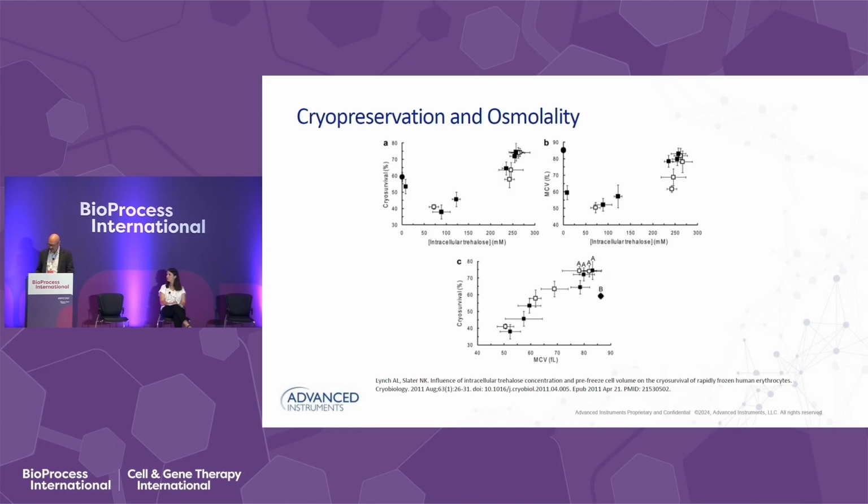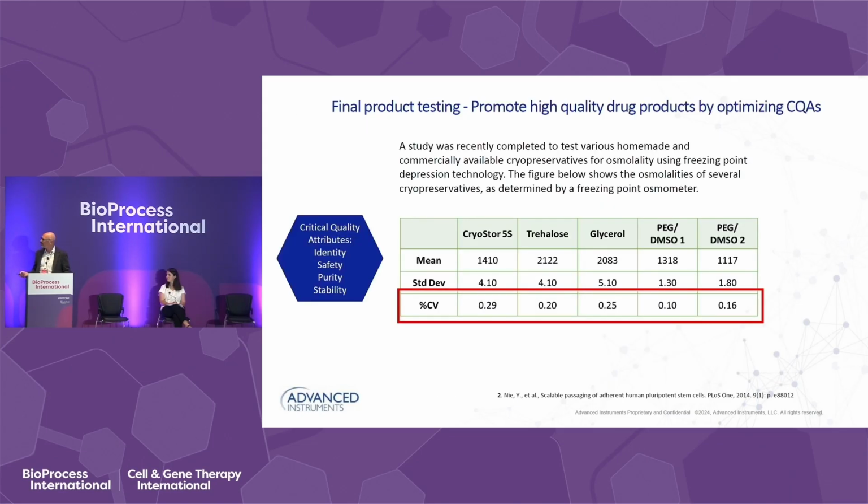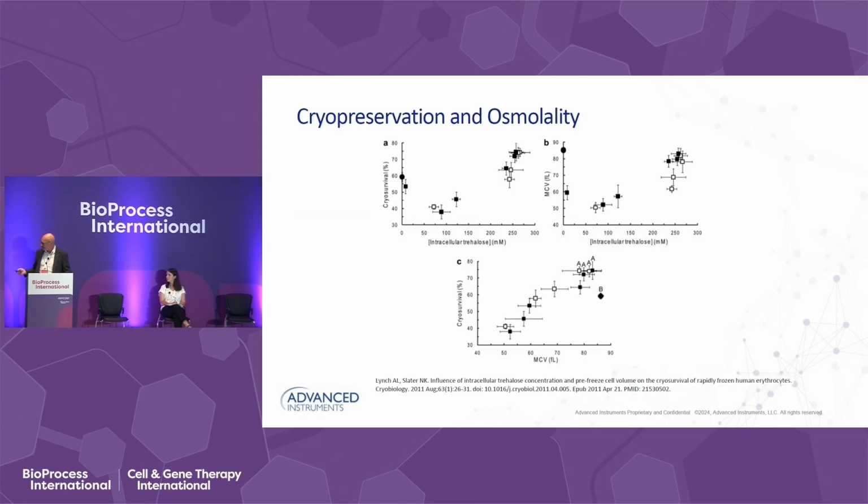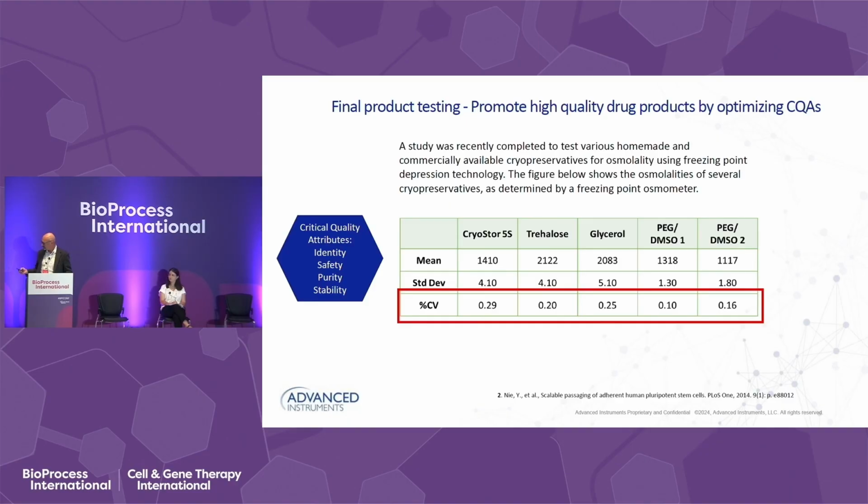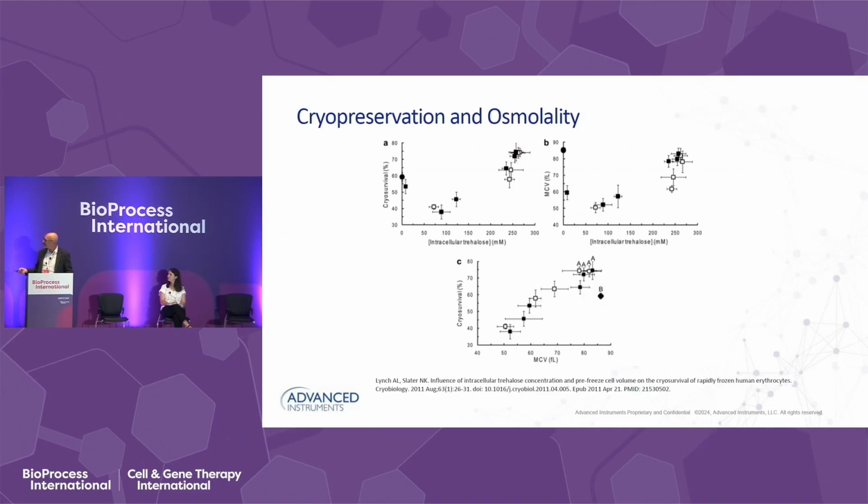They then decided to load up to 200 millimolar of trehalose intracellularly into the cells, and that enhanced survivability by up to 15% more. So you can see cryosurvivability, and over 250 millimolar of intracellular trehalose, you get better cryosurvivability.